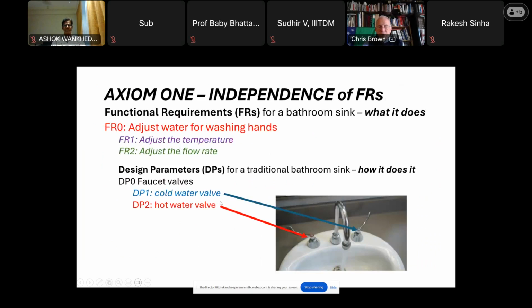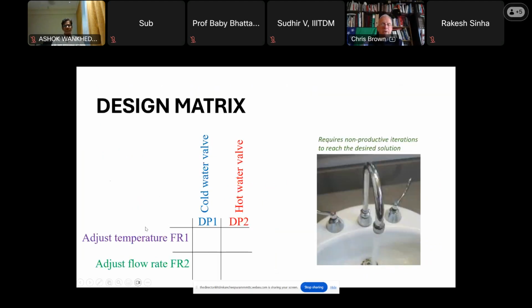And now the solution, in this setup, we've got two valves, a cold water valve and a hot water valve. So the question is, is this a good design according to axiom 1? Well, we can set up a little matrix and see where the non-zero partial derivatives are. So adjust the temperature. Well, I've got the cold water valve. If I change the cold water valve, yes, that will change the temperature.